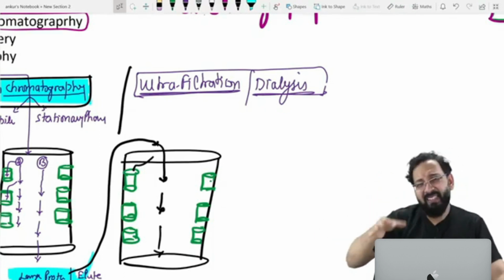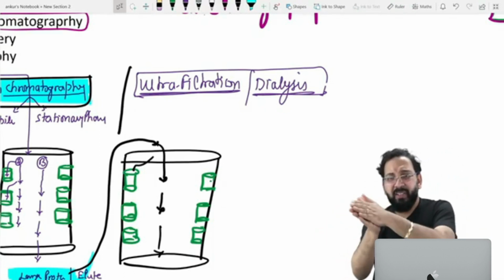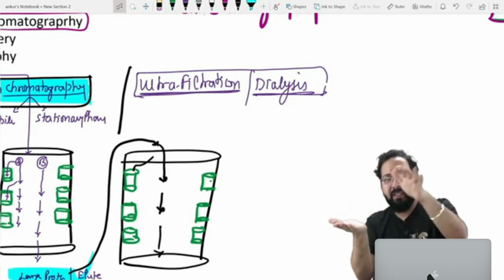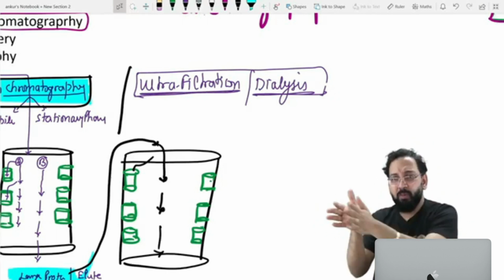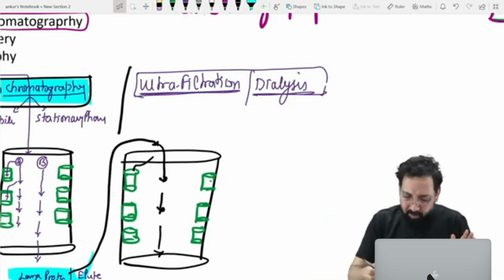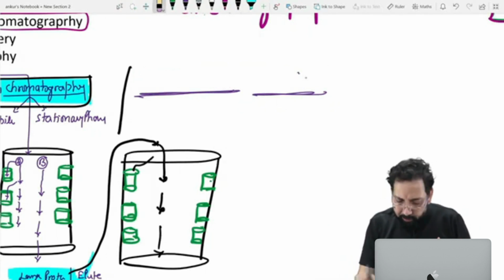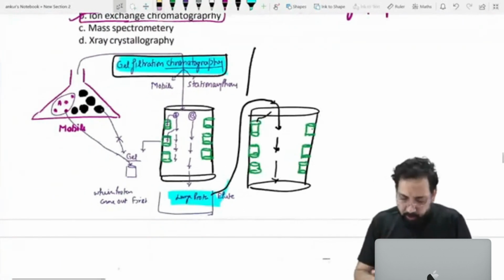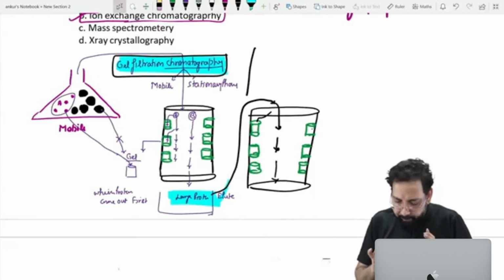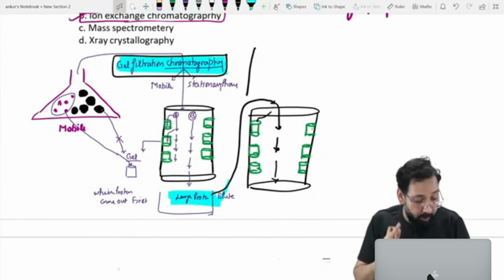Ultrafiltration or dialysis is a different thing, just like you take a semi-permeable membrane and a small molecule will pass through that membrane. Even if you forget this, it is rarely asked, but this question was very important at that time. Gel filtration chromatography is not simple filtration, it is chromatography. Large protein will come out first.